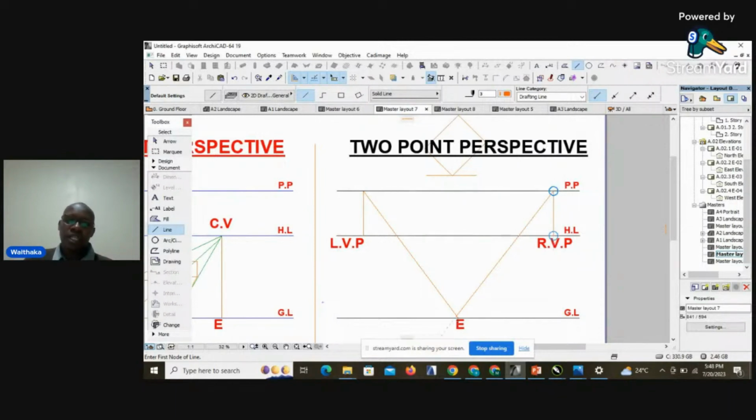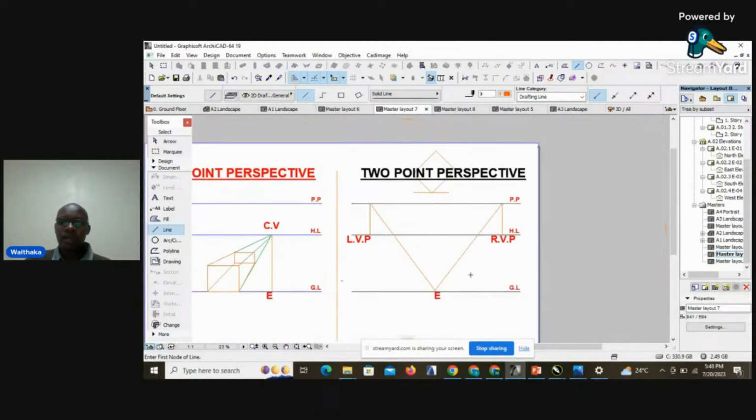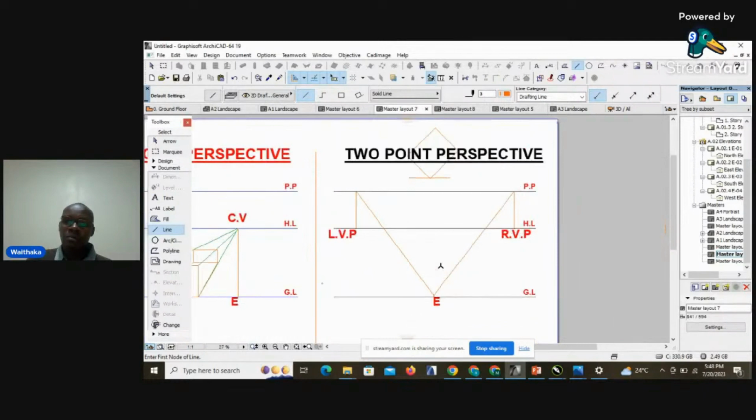Then we'll do the same on the left hand side, draw a line at an angle of 45 degrees until it touches the picture plane. Then we drop it down until it touches the horizon level, and that's where our left vanishing point will be.